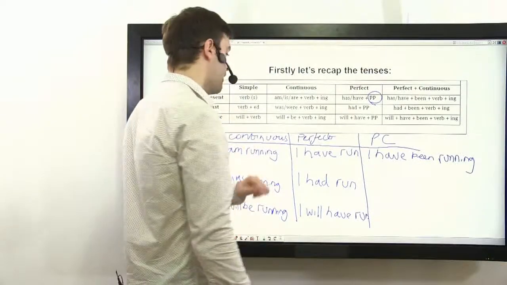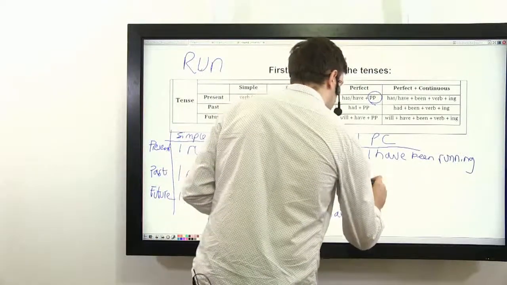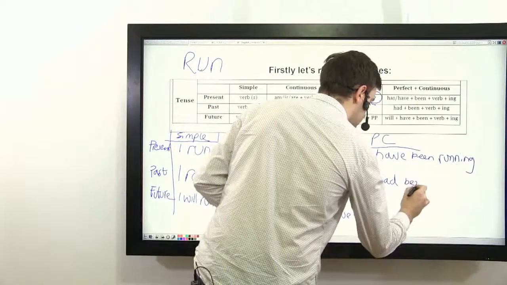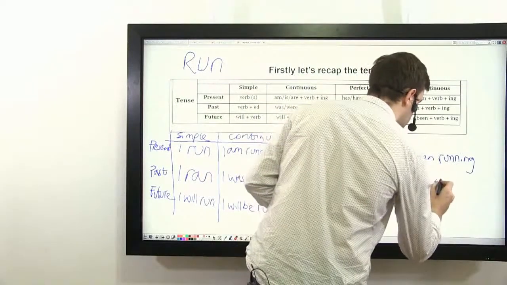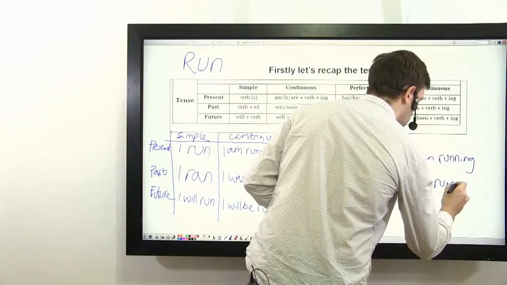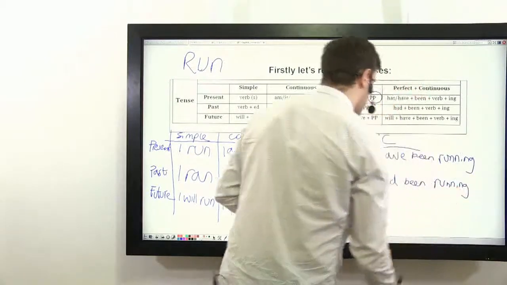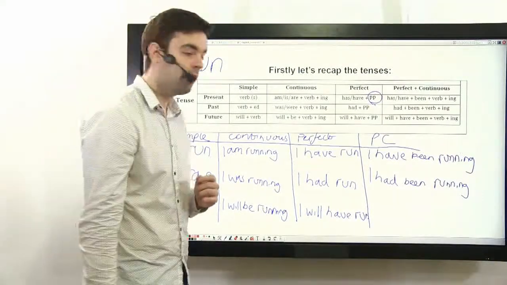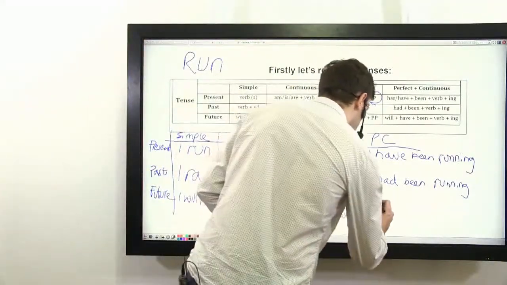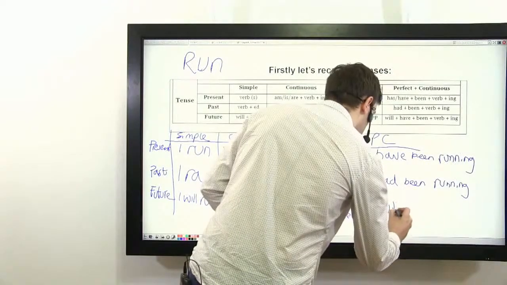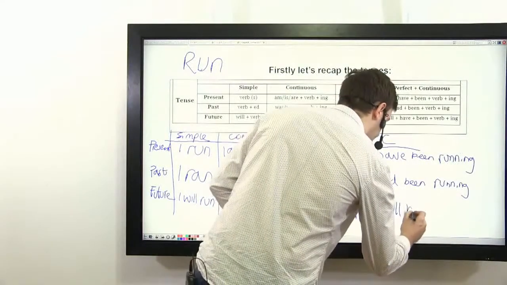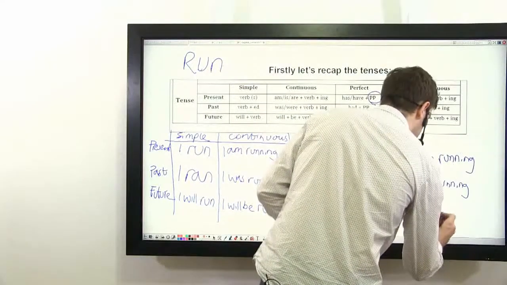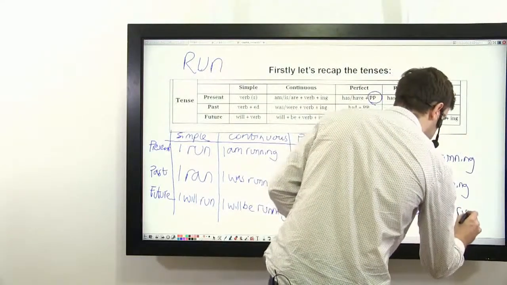The past perfect continuous, I had been running. And the future perfect continuous, I will have been running. So I will have been running.